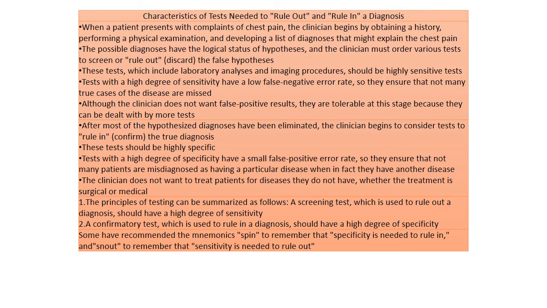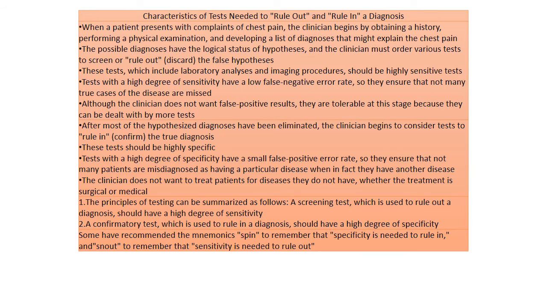So basically what we're going to do is use things like laboratory tests and imaging procedures. We want these early screening tests to be highly sensitive. The reason we want a high degree of sensitivity is because, remember, how we calculate sensitivity is all your true positives divided by both your true positives and your false negatives. So in order to have high sensitivity, you have to have a low false negative error rate.